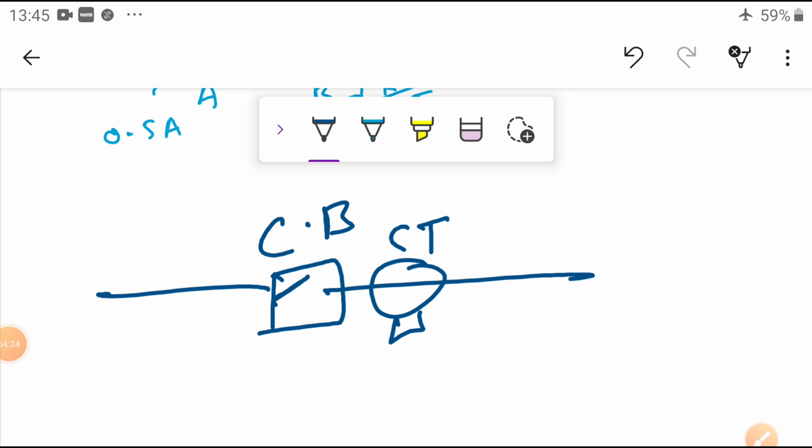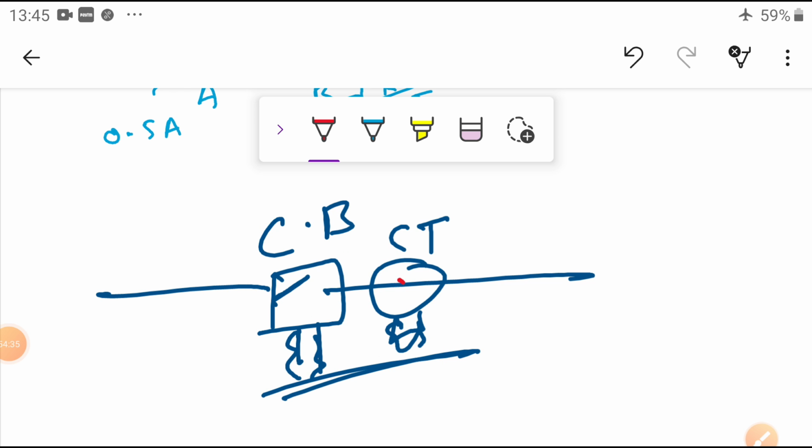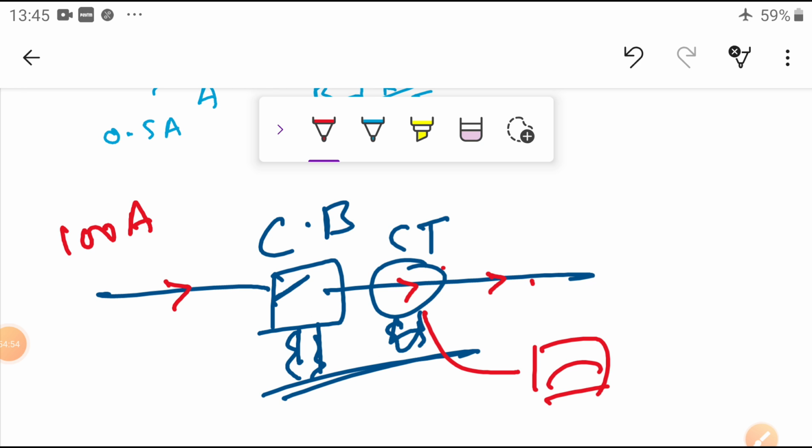The CT and CB are placed in a substation yard on the ground. The CT will measure the current in the line. If the current in the line is a predetermined value, for example 100 amperes, it indicates 100 amperes in the meters. At the same time, another terminal is connected to the mechanism of the circuit breaker through the relay coil, the relay.